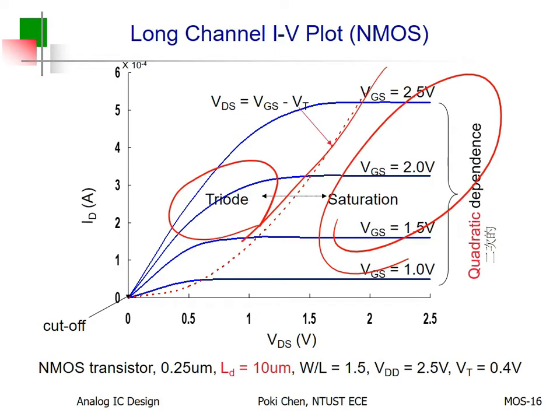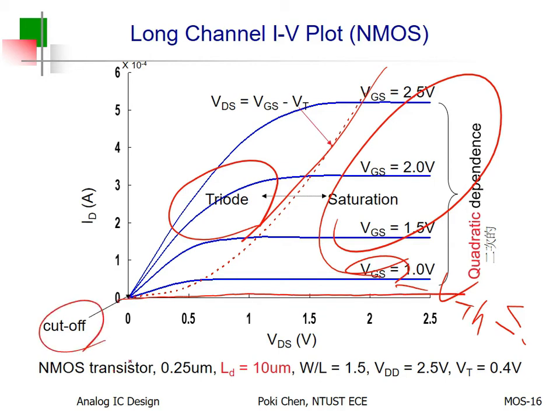Cutoff means VGS minus VTH is less than or equal to 0. In theory, there is no current at all. So here, that is the cutoff region. No current at all. However, that is only in theory. In practice, it conducts a little current.